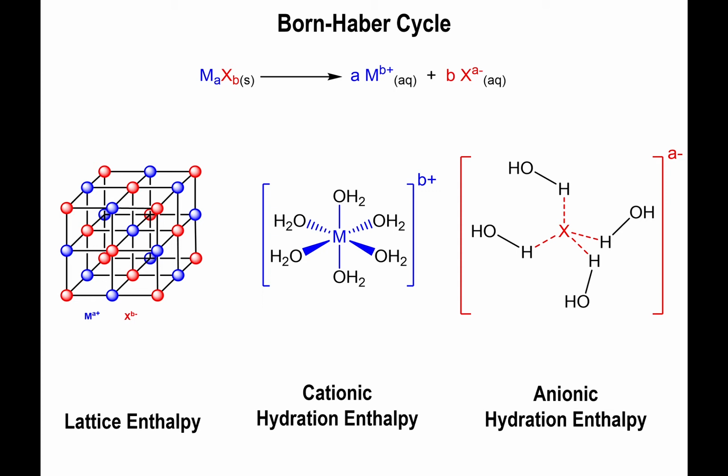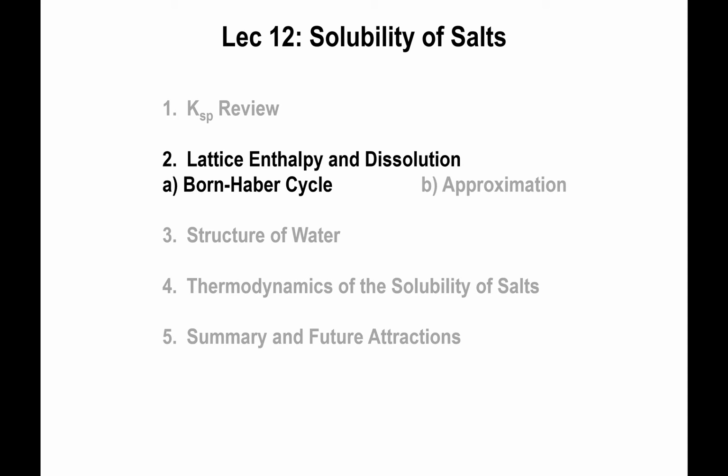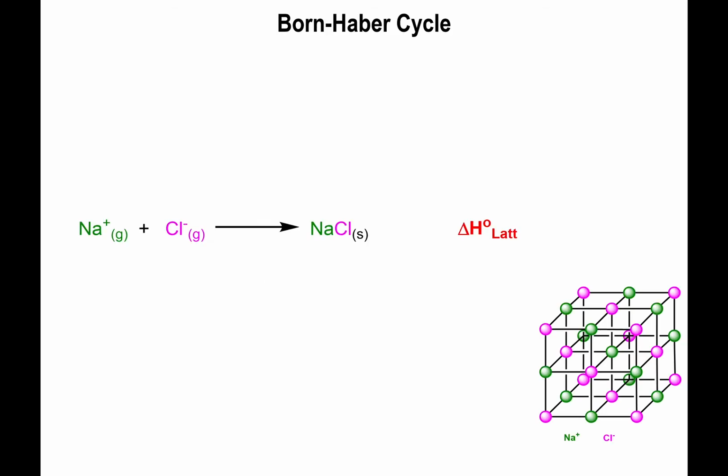If the salt dissolves easily in water, then the sum of the cationic and anionic hydration enthalpy should be a lot more negative than the lattice enthalpy value is in positive terms. So we're going to do an investigation that allows us to derive the lattice enthalpy, and then we'll use that to come up with a thermodynamic cycle to determine how likely it is for the salt to dissolve in water or not.